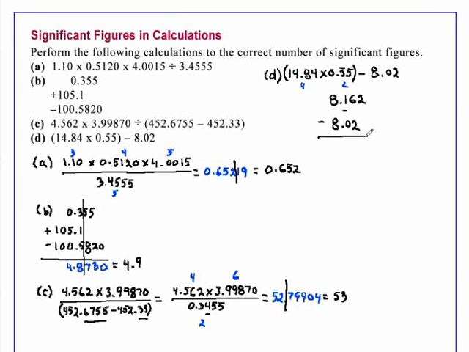So again, our calculator gives us an answer of 0.142, but we recognize that we have to round this to the first decimal place. And so our final answer is 0.1.